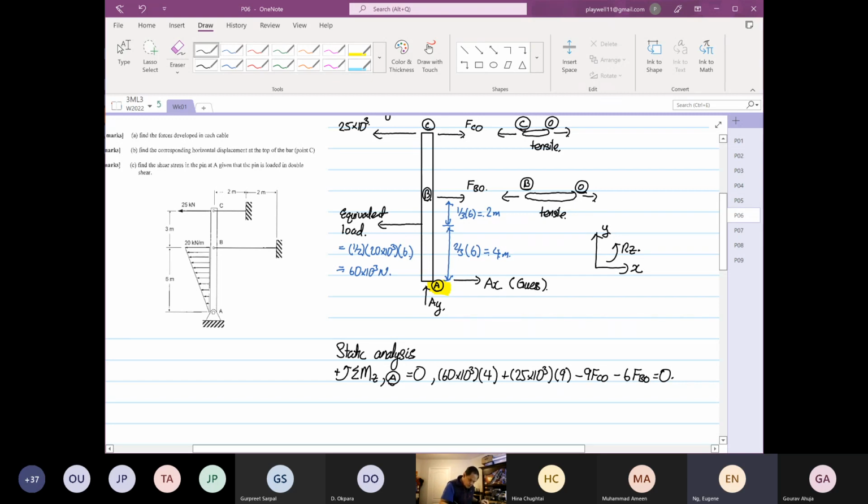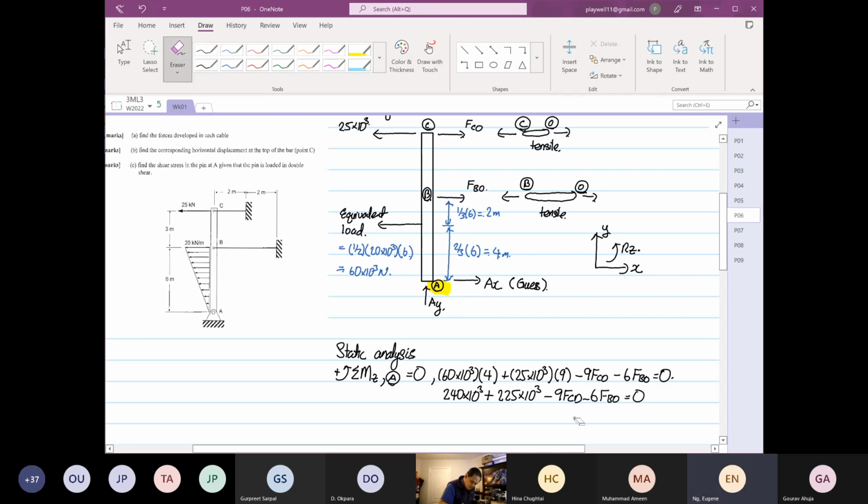So this is equal to 0. Now tally what it is. This is 240 times 10 to the power 3 plus 25 times 10 to the power 3 times 9, which is 225 times 10 to the power 3, minus 9 FCO minus 6 FBO.